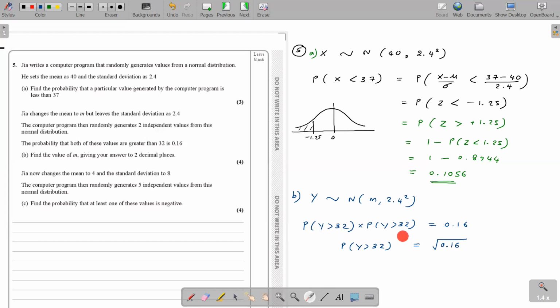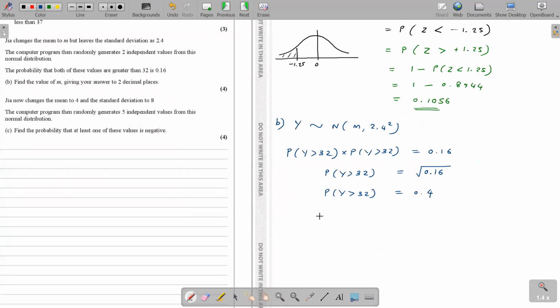Both of them together means it's an and, so we multiply. So to get the single probability, we have to root the other side. Probability Y greater than 32 is how much? 0.4.